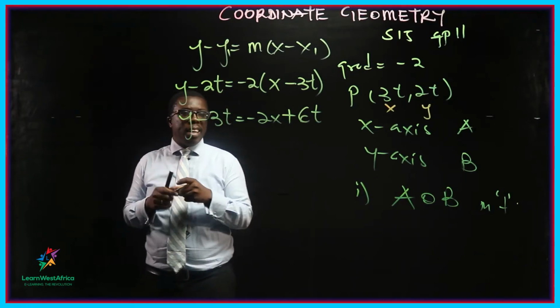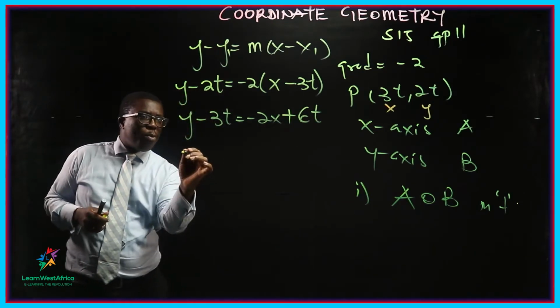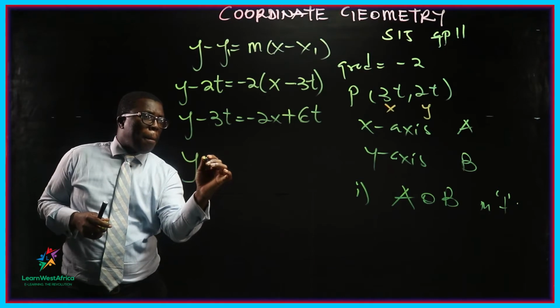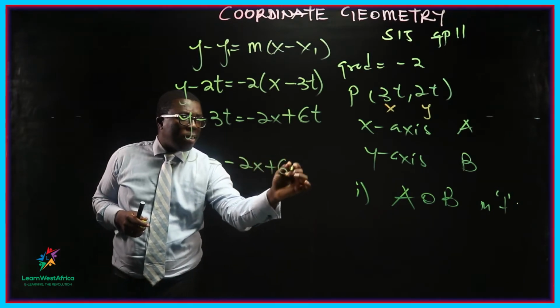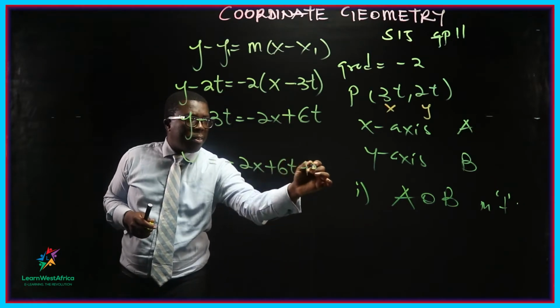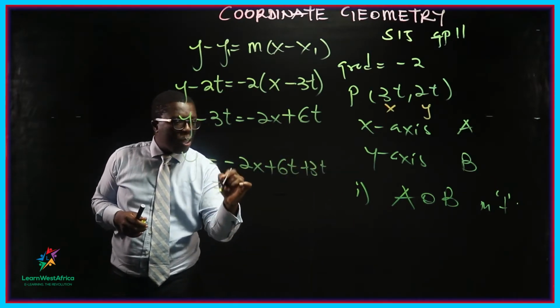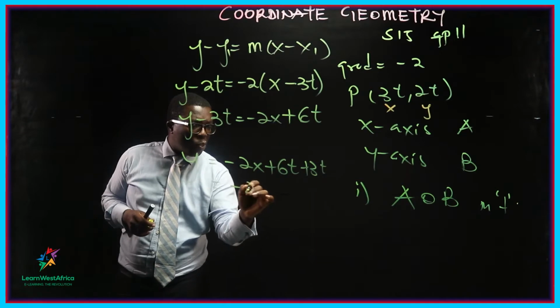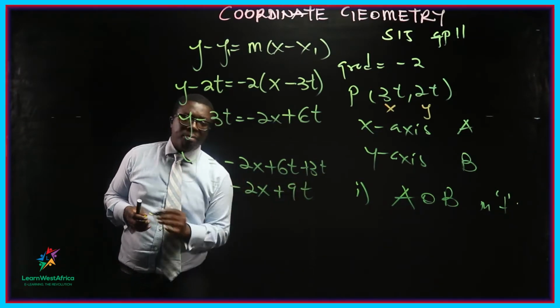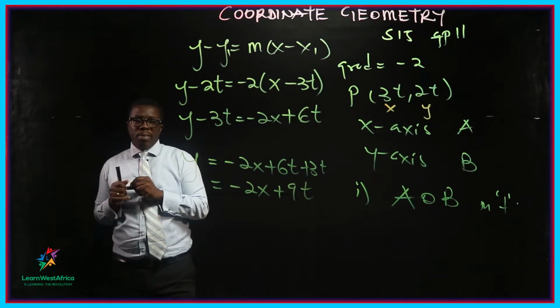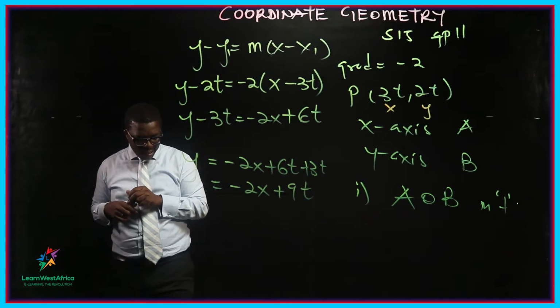So try to put the t's together. This is going to give you y equals minus 2x plus 6t plus 3t, so minus 2x plus 9t. Just take some seconds and see what you have there.